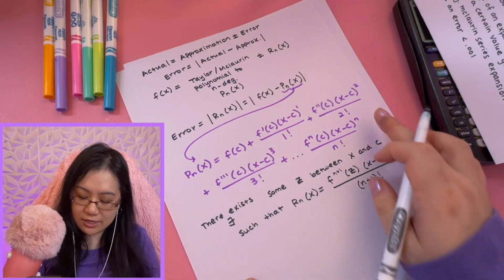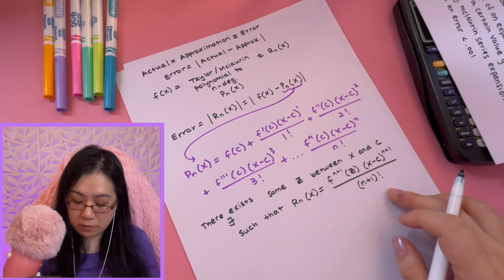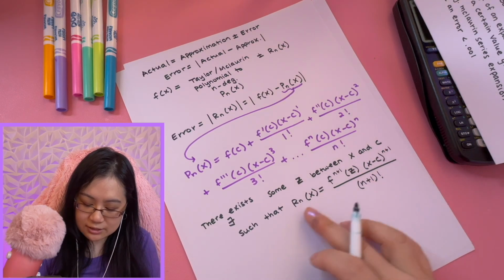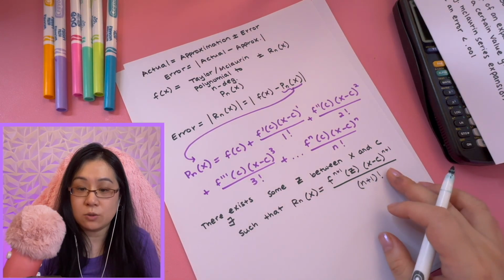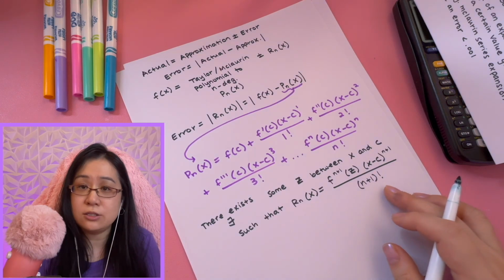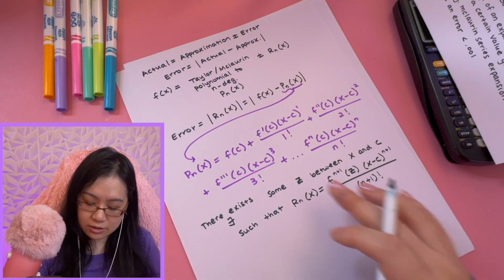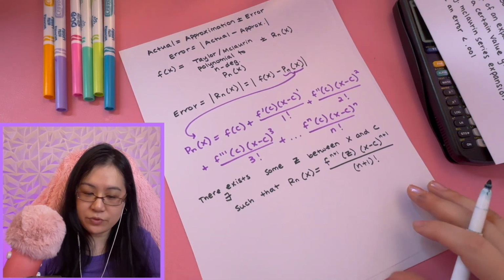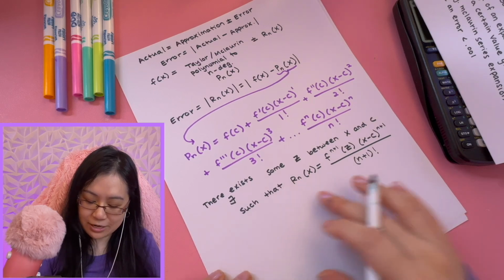So it's kind of like taking that next n plus first term, but there exists some z between x and c such that this remainder is equal to this. That's Taylor's theorem.